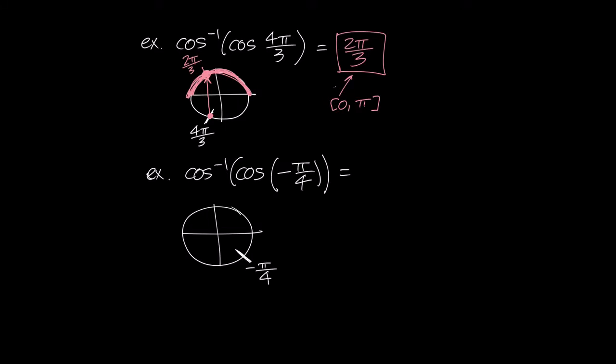And so we need to find an angle in quadrants 1 and 2 that has the same cosine value as the cosine value at negative pi over 4. So just like before, you take this and go straight up to over here, which gives you positive pi over 4.